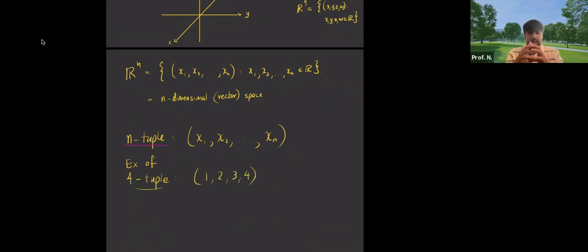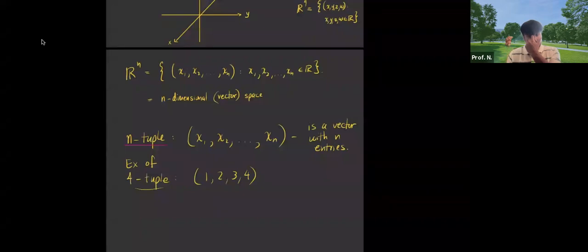We're going to be using the word vector now. It's a vector that has 4 entries in it. So an n-tuple is a vector with n entries. Okay, so that's what we'll be dealing with.